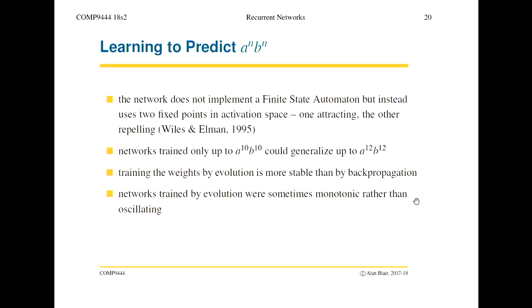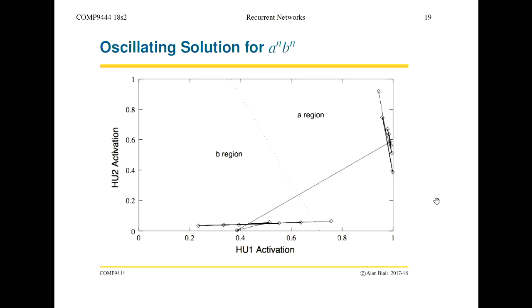They found this quite surprising, so they tried to do this analysis of the hidden unit dynamics, and this is actually what was going on here. At the beginning of the sequence, the hidden units are in this position here, and let's say it's going to process A to the 8 and B to the 8. As it's processing the A's, it oscillates back and forth like this towards some fixed point.